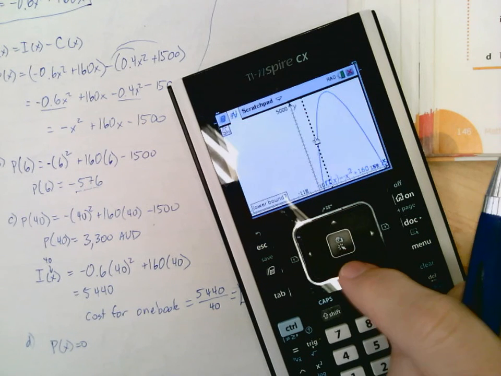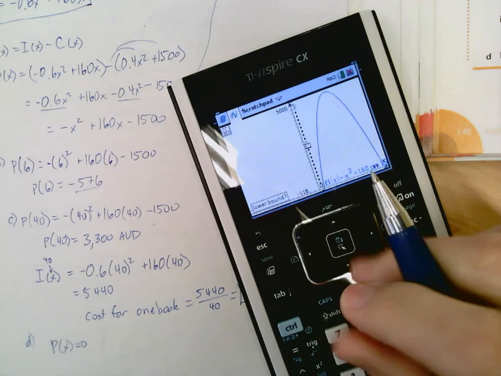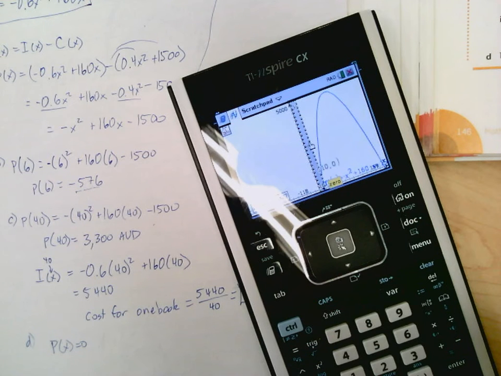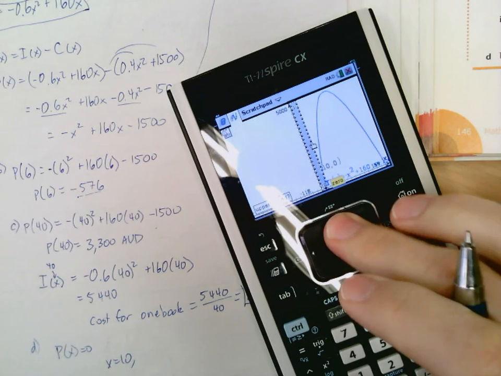I need to go over just to the left of that. See, that's where it's crossing 0 right there. So I go enter, and then I go to the other side, and it gives me 10. So X equals 10.